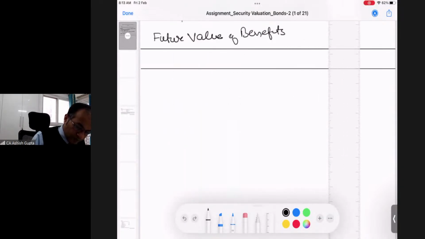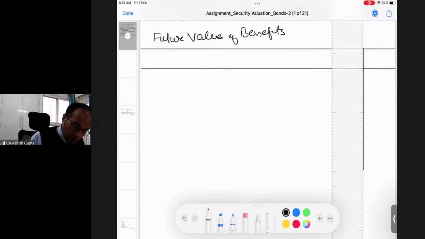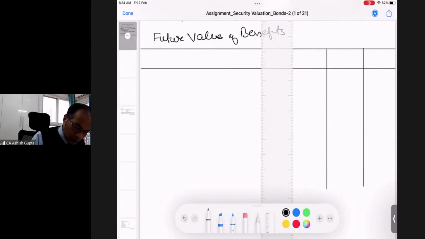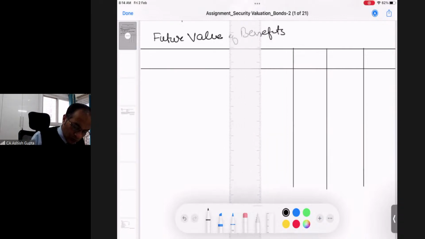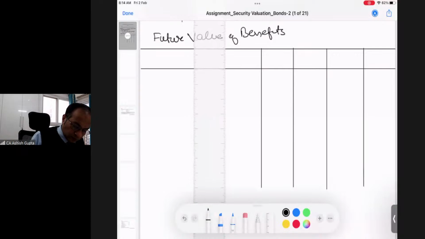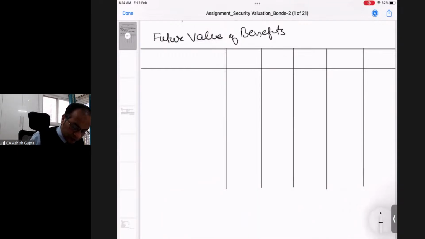One second, student. Now here we write 0, 1, 2, 3, 4.